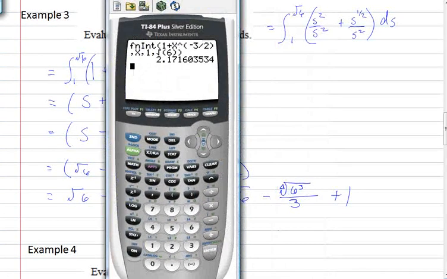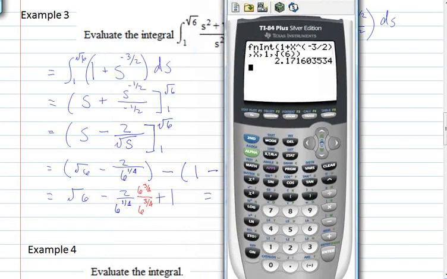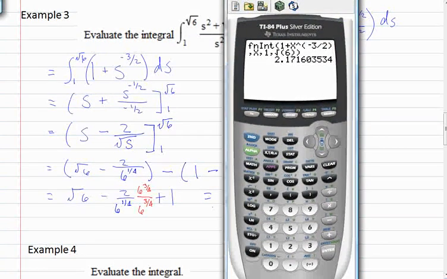Now we can check our answer by doing this. Let's evaluate the square root of 6 minus 2 divided by, or let's just do this, 2 times 6 raised to the negative 1/4.